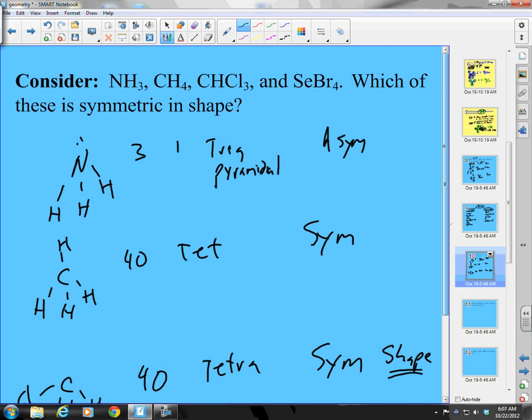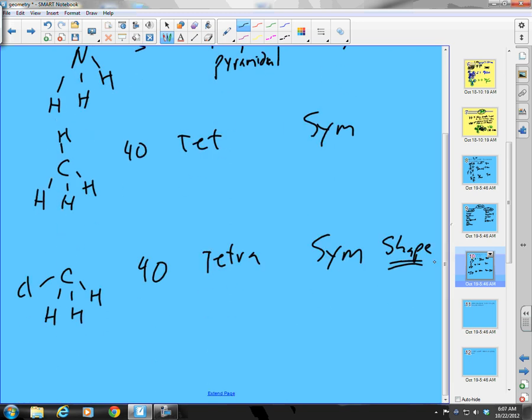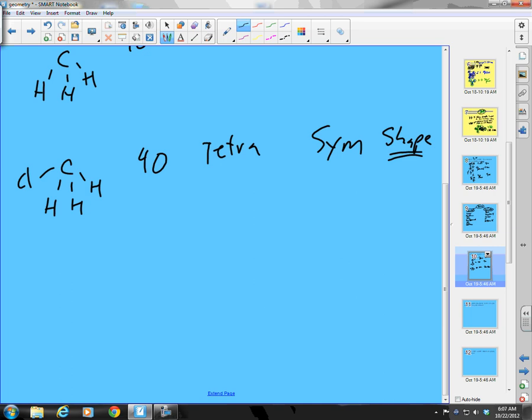Selenium tetrabromide. Okay, I finally have my selenium tetrabromide. And so selenium is a 6 plus 28. Looks like 34 to me, right? Valence electrons. 1, 2, 3, 4.